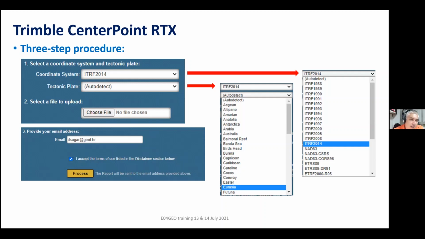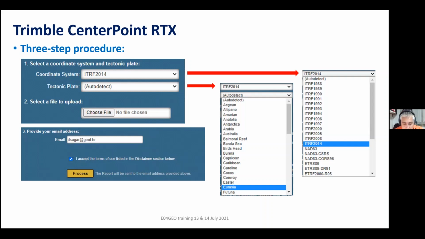The second step is to select a file to upload. You just press choose file, and you select your observation file, being in Trimble proprietary format or in RINEX 2 or RINEX 3 format. And there is one step left. You have to provide your email address.